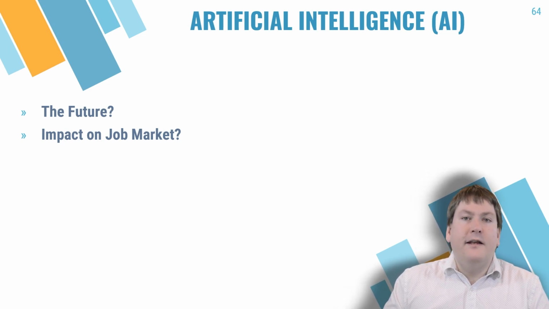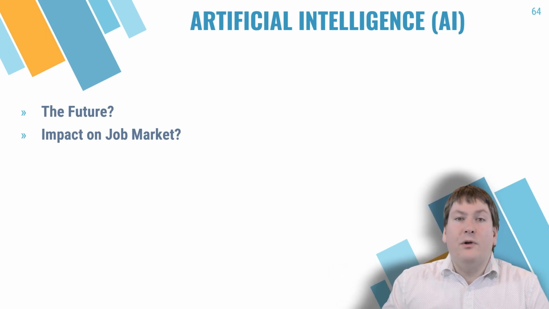Even in things like the legal field, AI is starting to become a big deal there. A lot of that paralegal work is searching through existing cases for citations and things like that. And I think we're going to see AI moving to that area as well. So this is a bit interesting because in the past, we always thought it was going to be the low-skilled jobs that AI and automation was coming for.